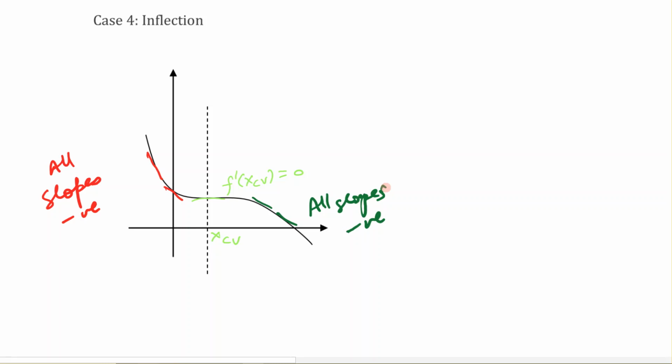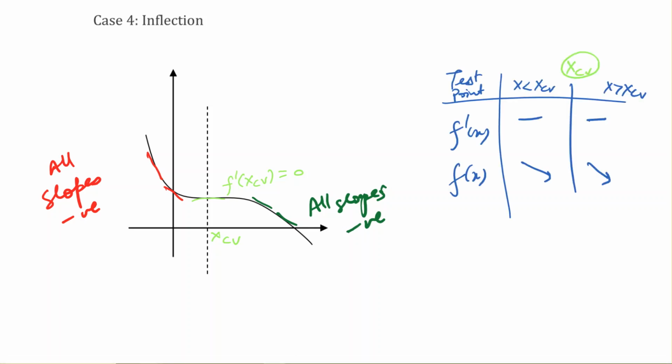Again, the slope is not changing its sign in the neighborhood of the critical value. So then we get an inflection point again. And remember, an inflection point is the point where the curve changes its concavity. So here the slopes are always decreasing.